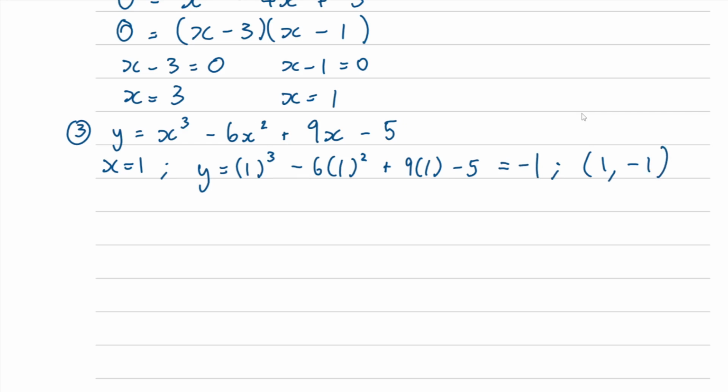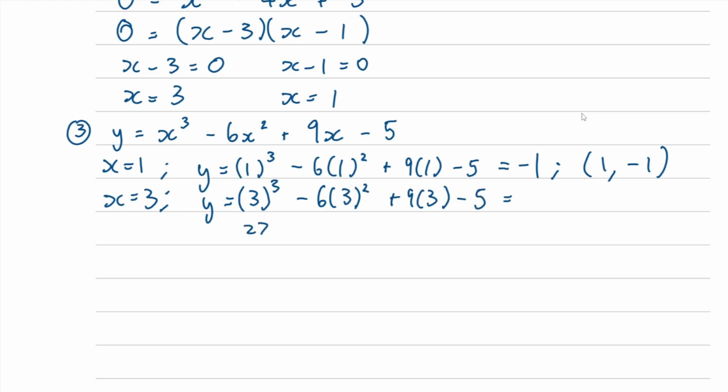Alright, now let's check for x equals 3. y would be 3 cubed minus 6 times 3 squared plus 9 times 3 minus 5. So what's that? 27. 9 times 6 minus 54 plus 27 minus 5, which would give minus 5.